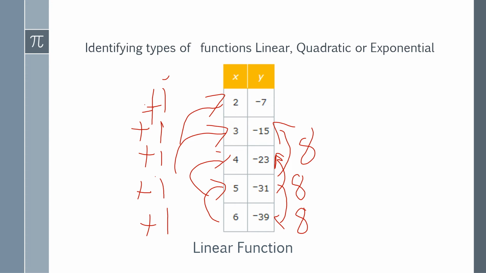So negative 15 to negative 7. I'm increasing by 8. Notice that when I go back and compare those numbers to find the common difference, it is 8. In every last one of them, all of them for the y side or the dependent side, it is 8. So therefore that function is linear.